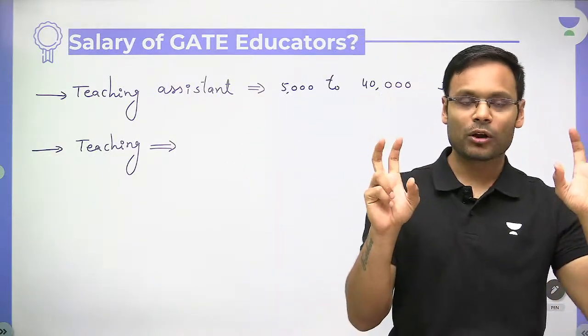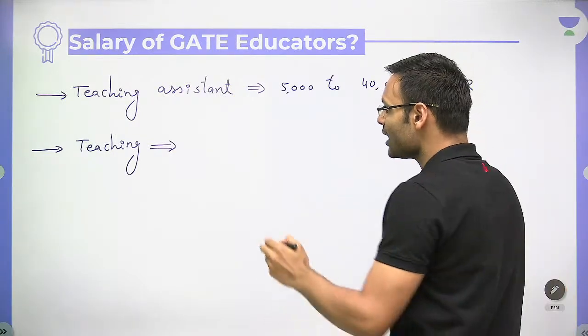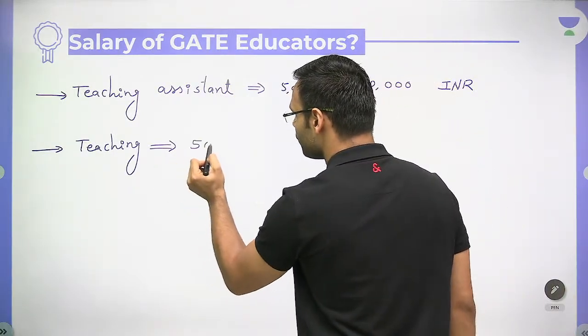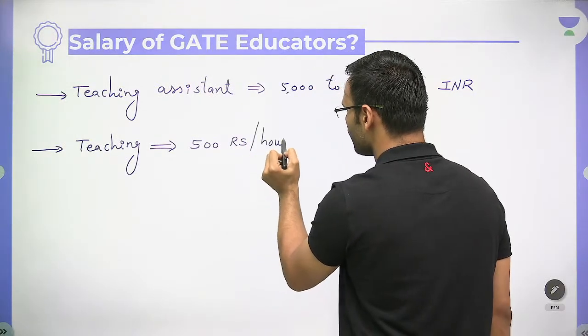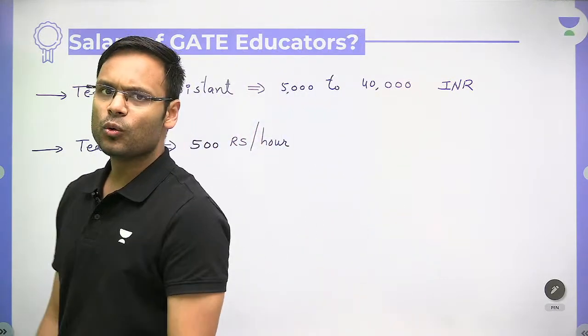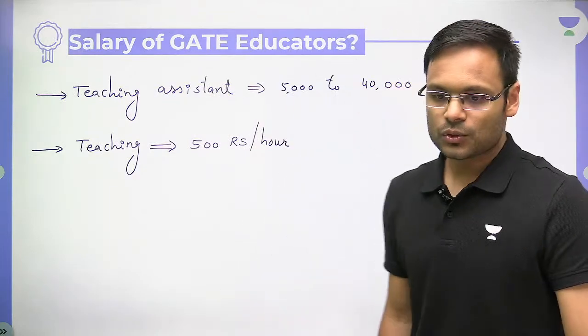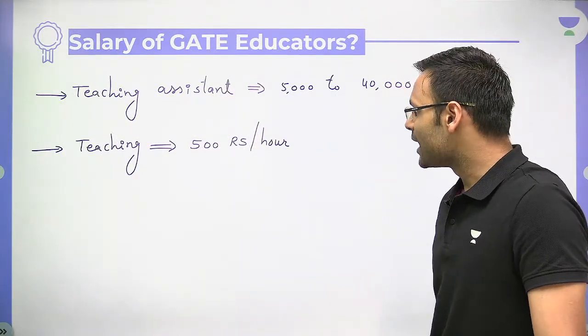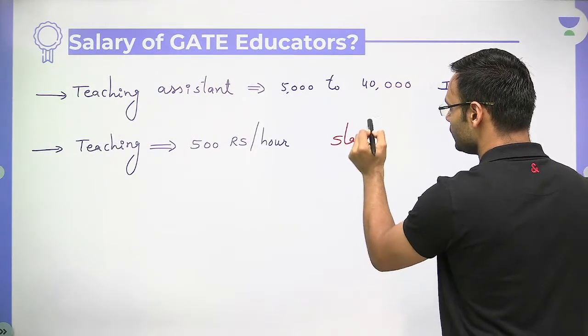So you will have your per-hour remuneration. That per-hour remuneration starts at 500 rupees per hour. That is for the very first educator who is just starting their GATE teaching. So 500 rupees per hour is the starting remuneration.